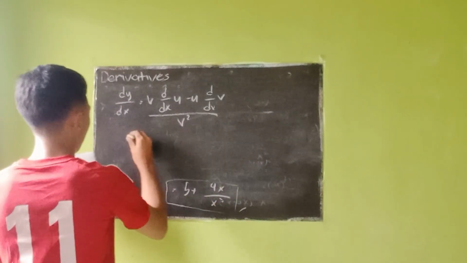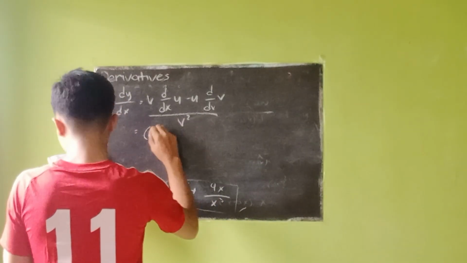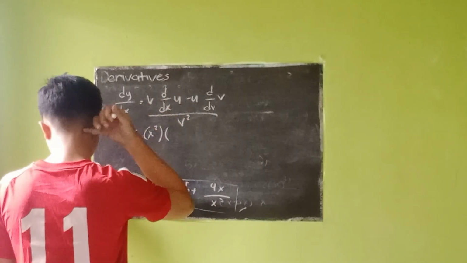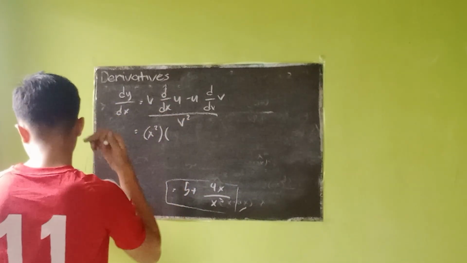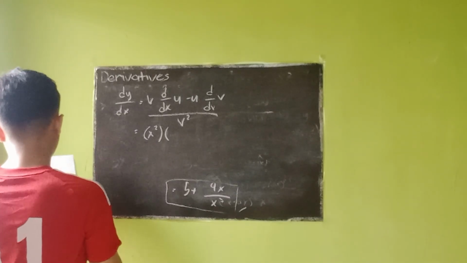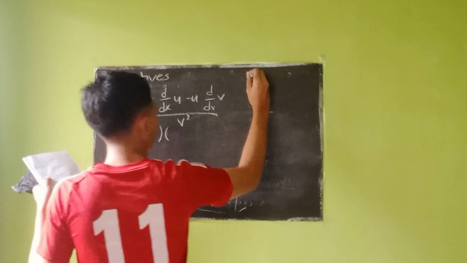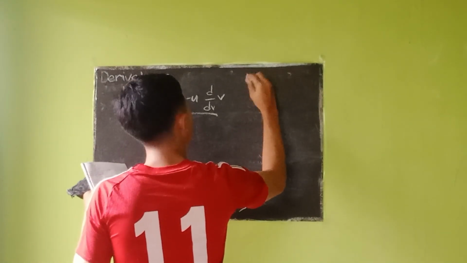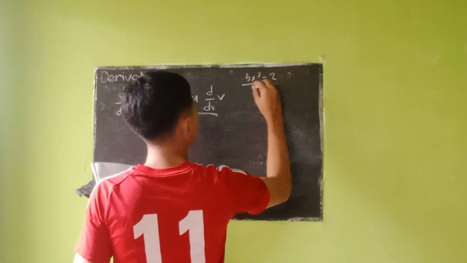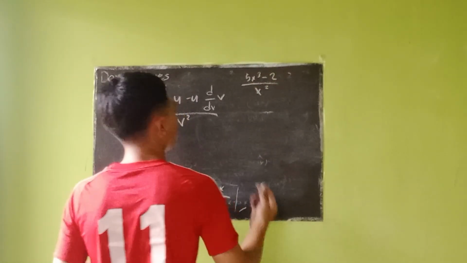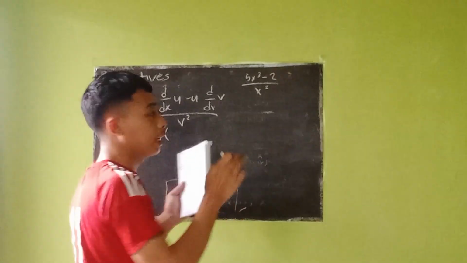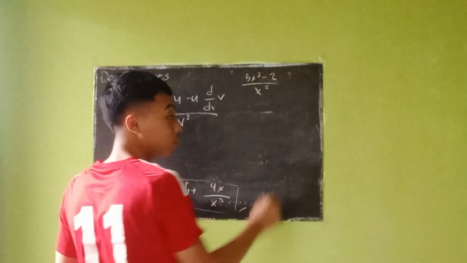Now let's substitute that into the equation. So we have x squared, then the derivative of, let's put our original equation, 5x cubed minus 2 x squared. So our derivative for 5x cubed will be 15x squared, and this one, negative 2, will be 0.